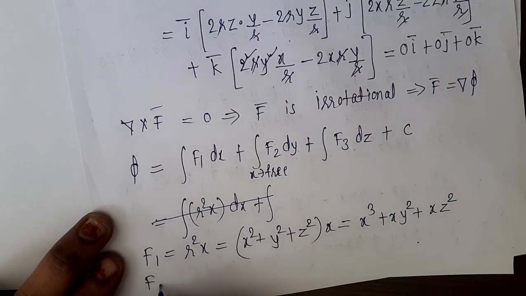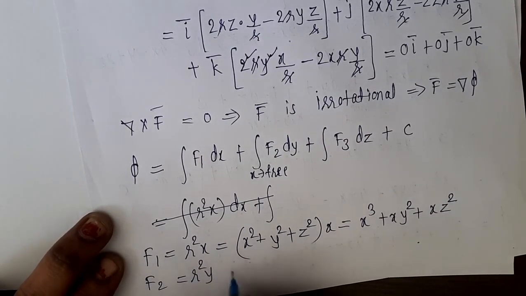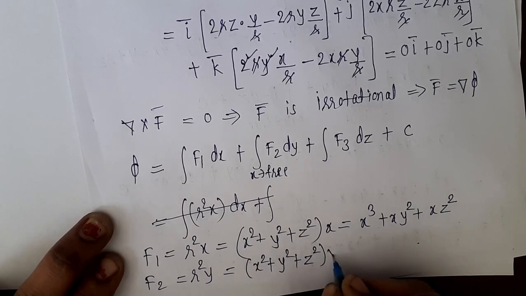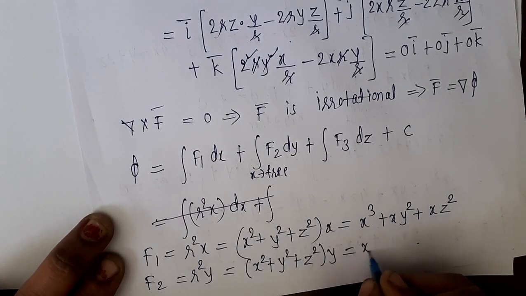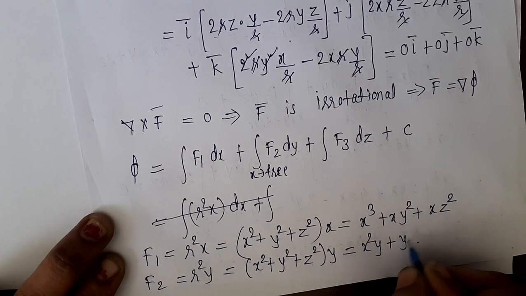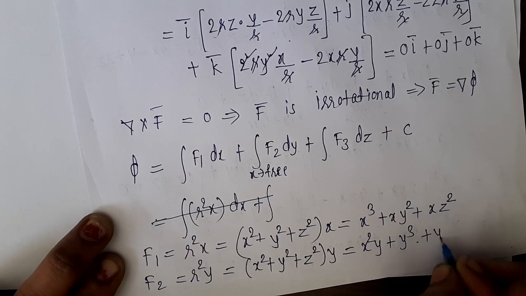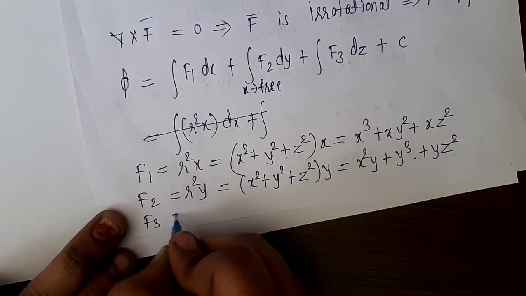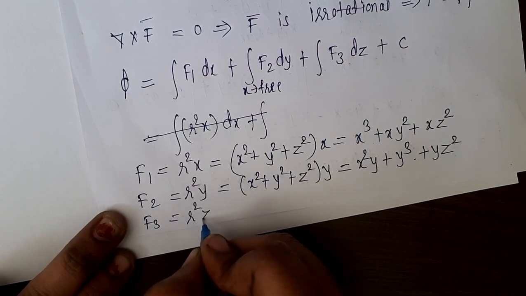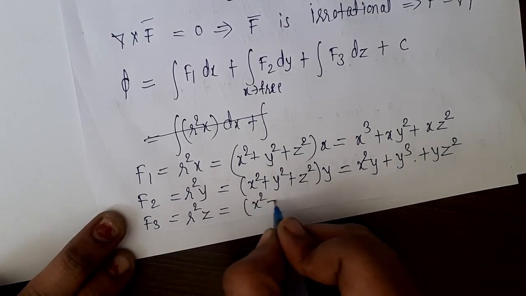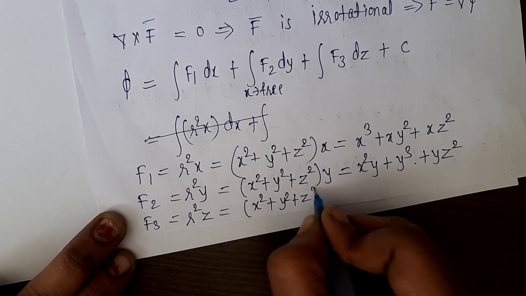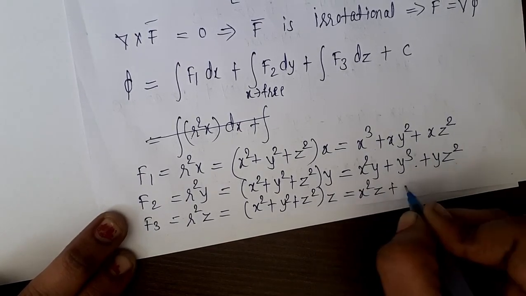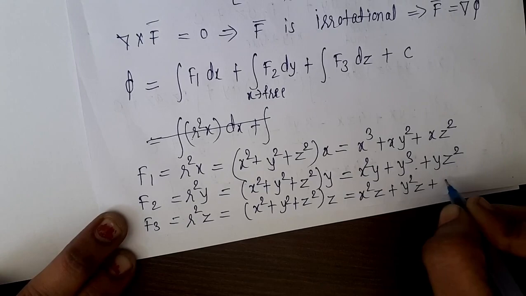F2 is equal to r square into y, so it is x square plus y square plus z square multiplied by y, that is x square y plus y cube plus y z square. And f3 is equal to r square into z, so it is x square plus y square plus z square multiplied by z, that is x square z plus y square z plus z cube.